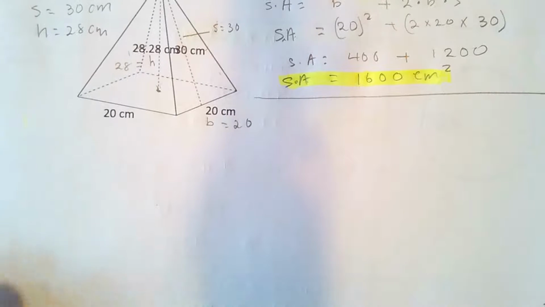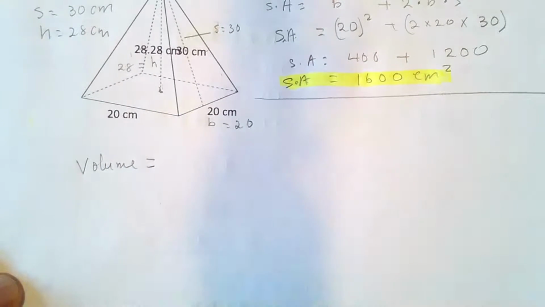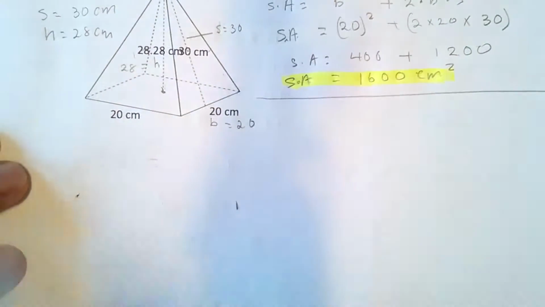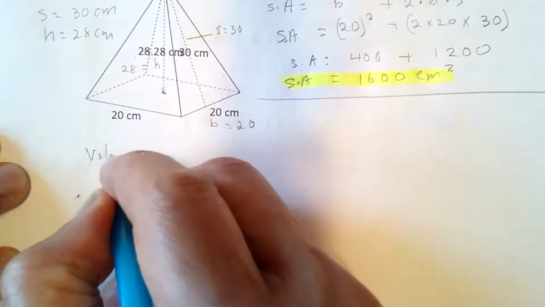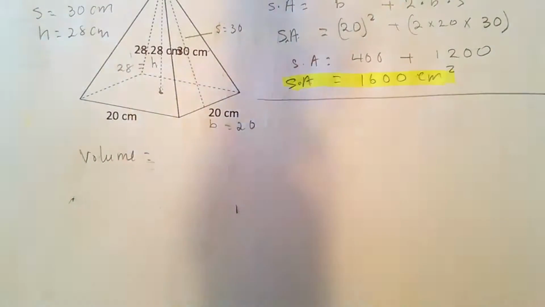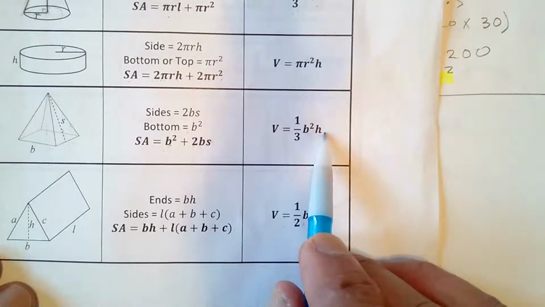Now we'll find our volume. So we have our formula for volume. If we go to our formula now, it is 1/3 base squared times height.